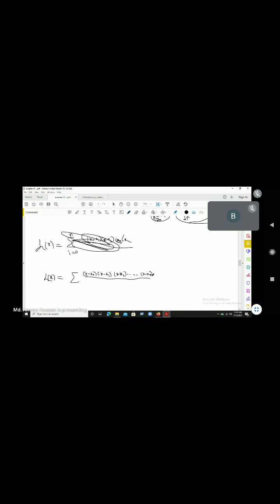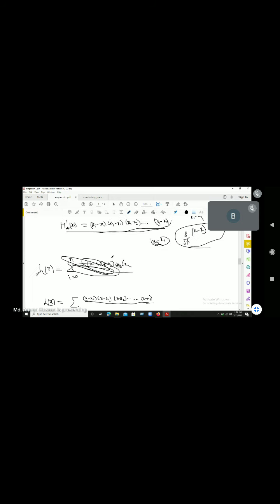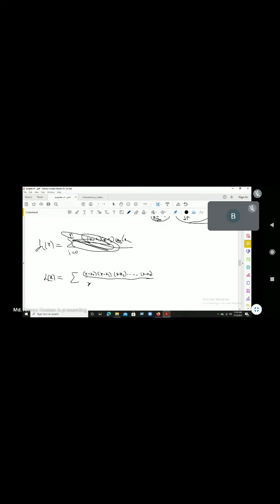The upper part, any problem? The upper part, okay, and put here x minus xi. What do we have? x minus xi, and here is i equal 0 to n.